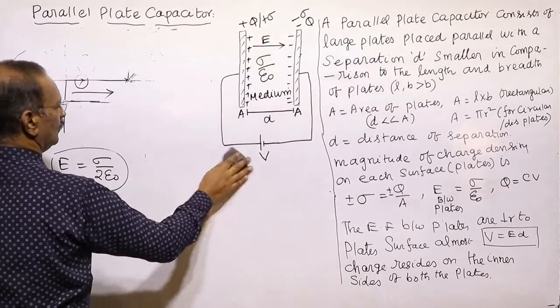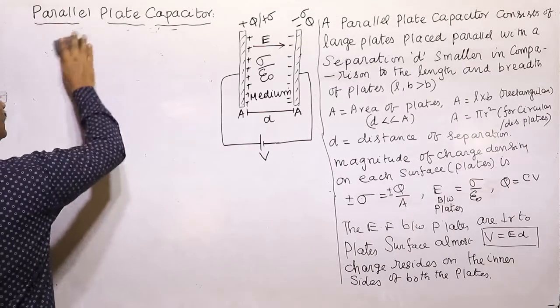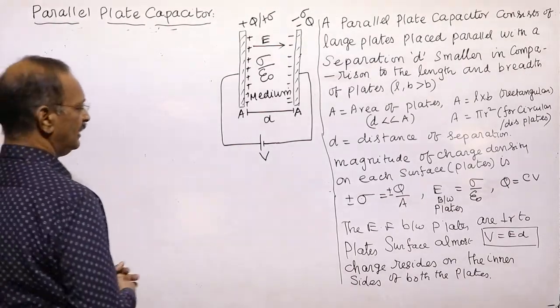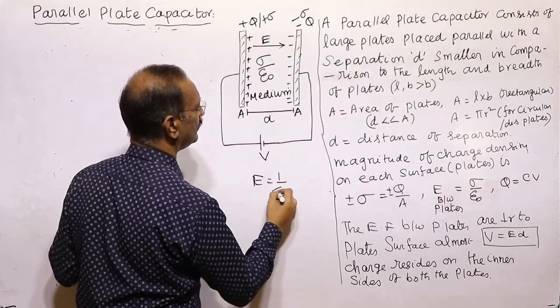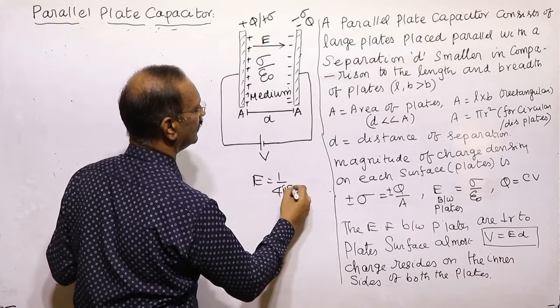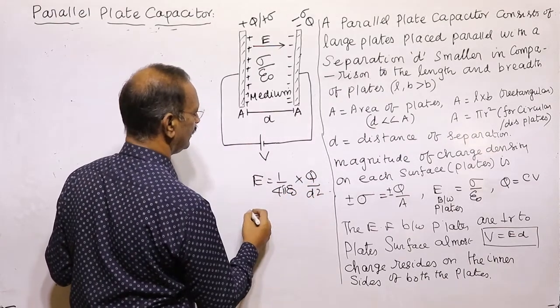Now we have to find out, from the basics of electrostatics, that electric field is equal to 1 by 4 pi epsilon naught into charge divided by distance squared.